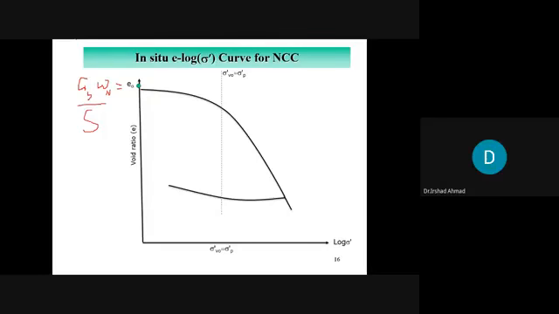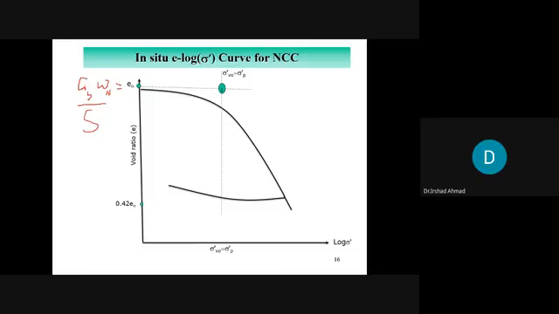So e naught you locate here. Draw a horizontal line, and where it cuts the vertical line, this is control point number 1. You mark this point, which is of significance. Next, you locate 0.42 e naught. You multiply e naught with 0.42 and locate it somewhere here.